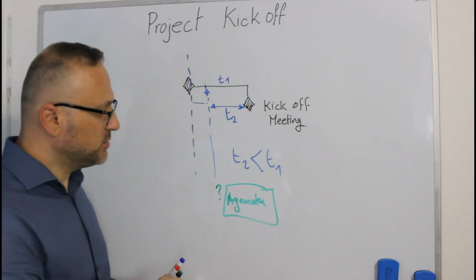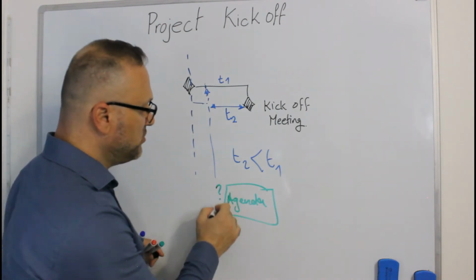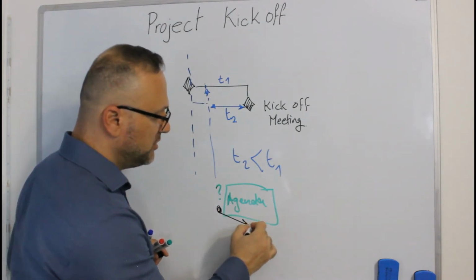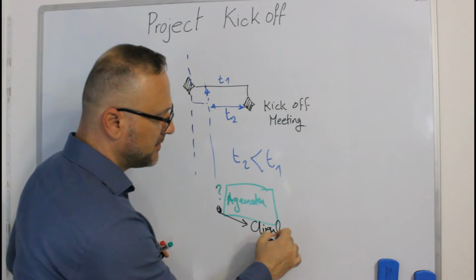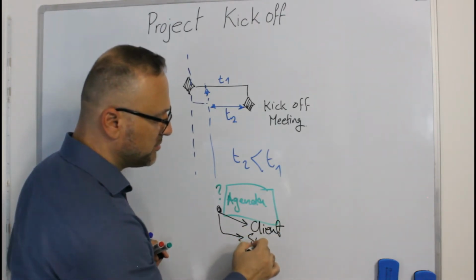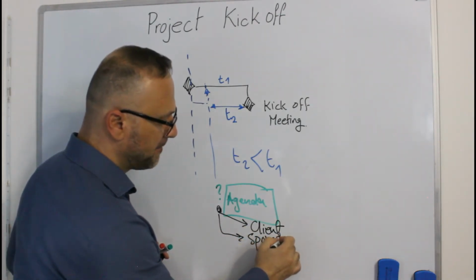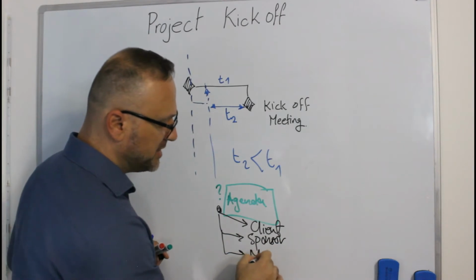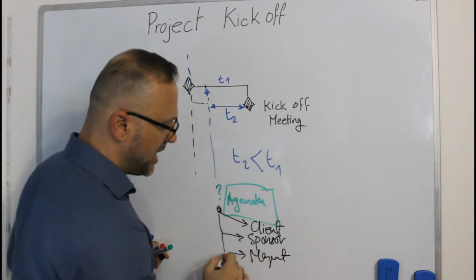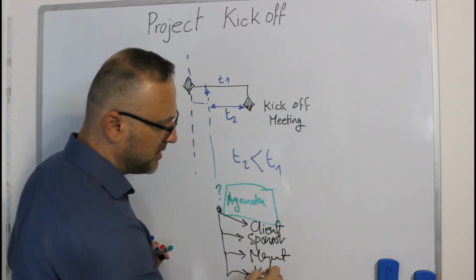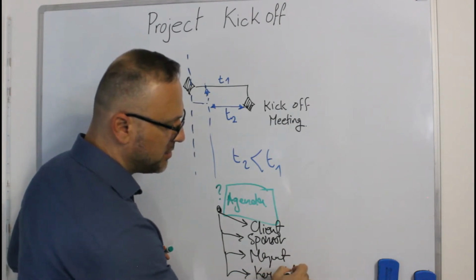So you start preparing the agenda, but meanwhile, you need to inform your client, you need to inform your project sponsor, you need to inform your management, and you need to inform key stakeholders.